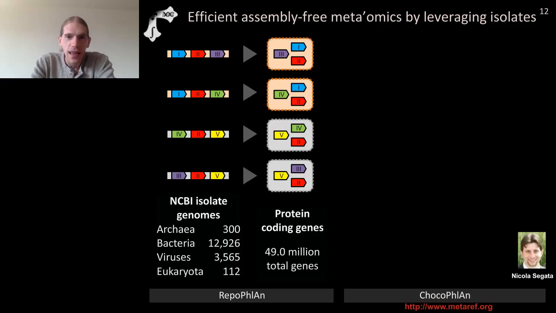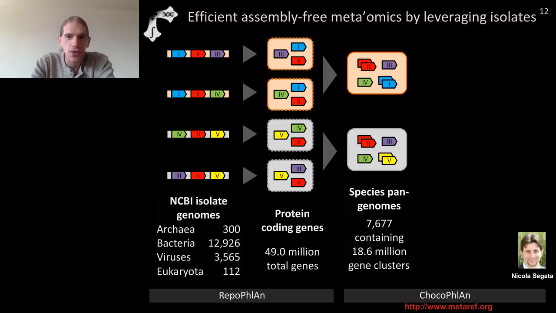These are then cataloged by a second system referred to as ChocoPlan, or the catalog of homologous clusters of gene families, which extracts the open reading frame collections from each species to create a pan-genome. This currently spans just over 7,600 species and totals about 20 million gene family clusters.